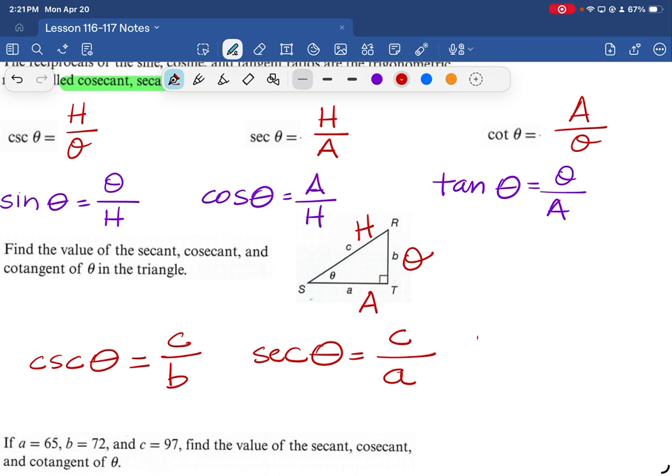And then lastly, I should have written cotangent theta. Logan, what did you get for that one?